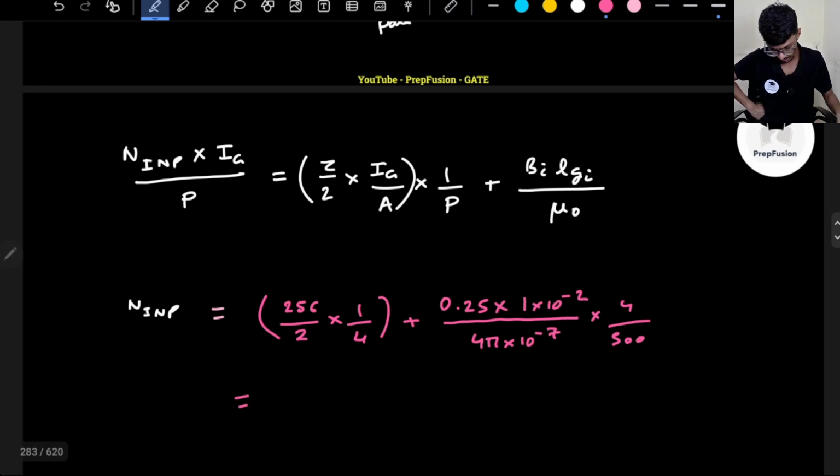So this value I can directly find out. So this will be 256 divided by 8, which is 32, plus this value, which comes to 15.91.